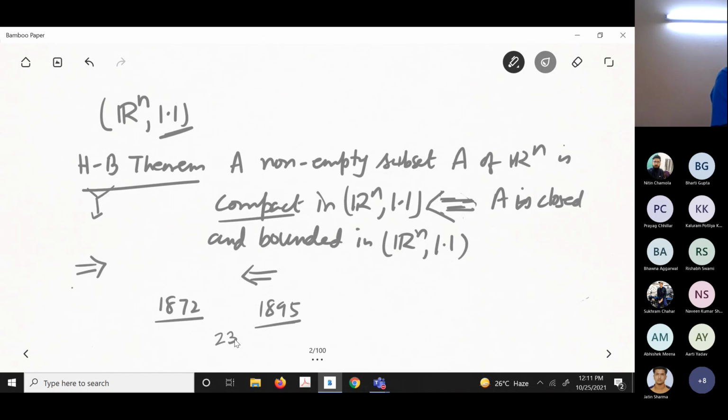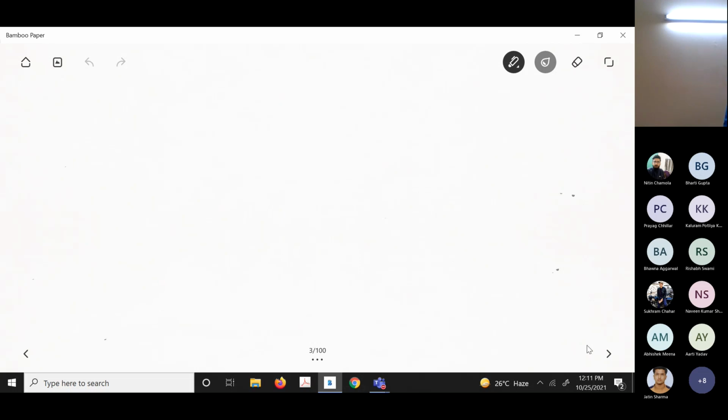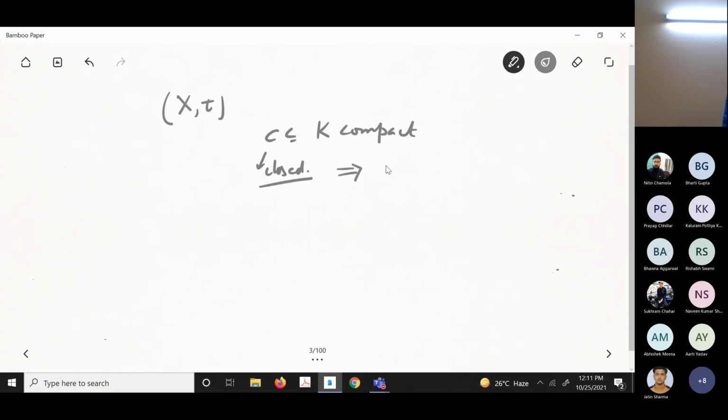I want to give an easy proof of that, in a sense. So what is the easy proof? Remember that last time I did a result that if you have a topological space, if you have a compact set, and if C is a closed subset, then it implies C is compact.